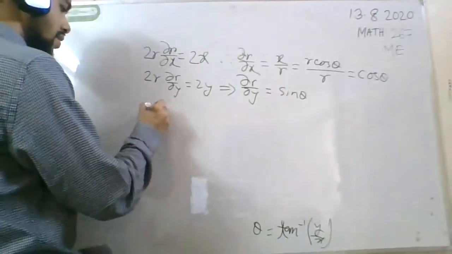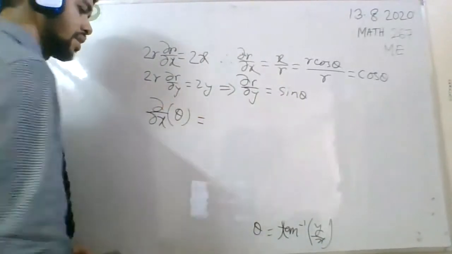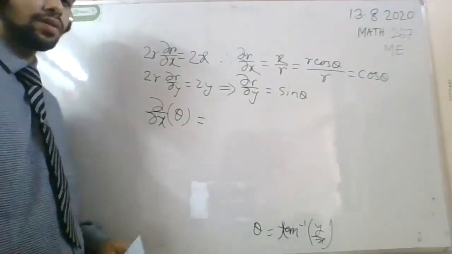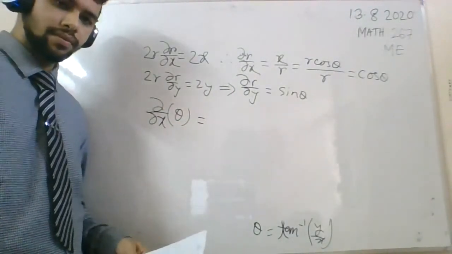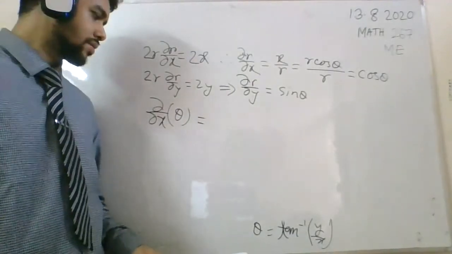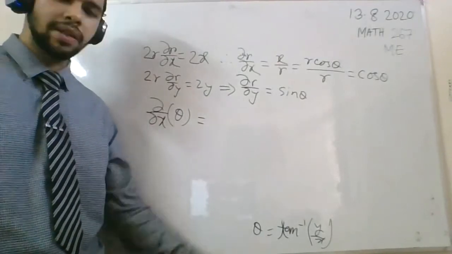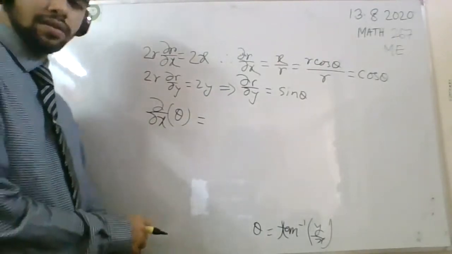So if I differentiate it with respect to x, what do we get? If I partially differentiate theta with respect to x, then what we get is 1 divided by 1 plus (y by x) square.